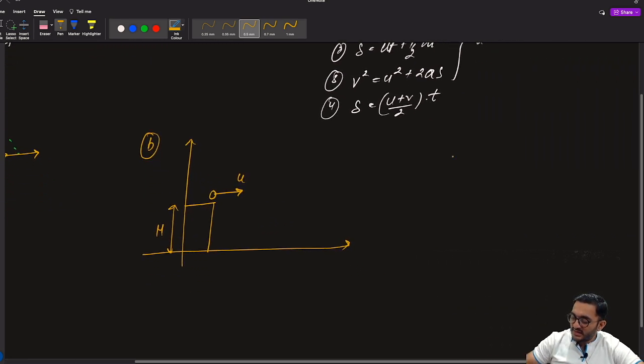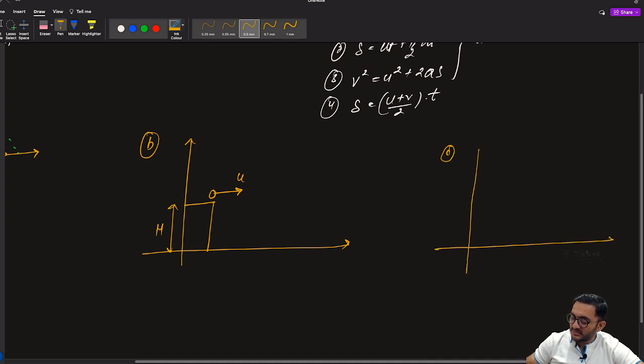The third case, case C, is an extended part of case B, where again you are standing on a cliff of height h, and here you throw something at a certain angle with the x-axis. So this is how the motion is going to look in this particular case.